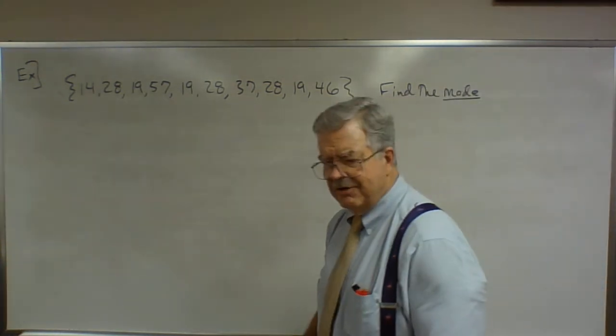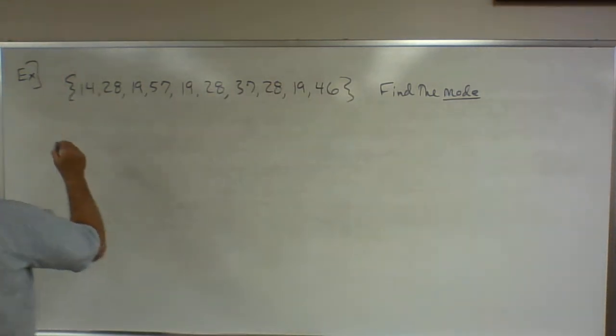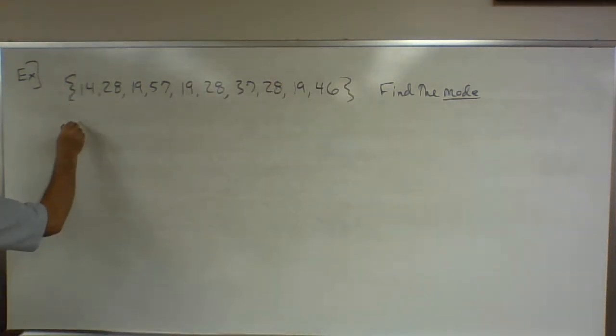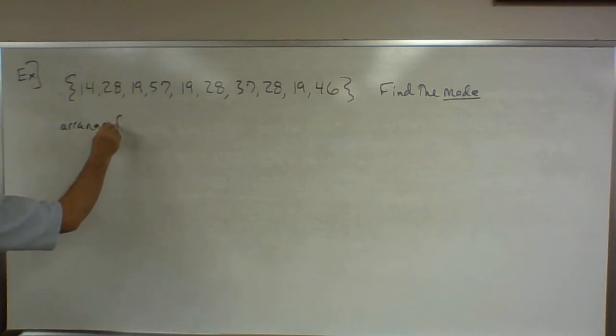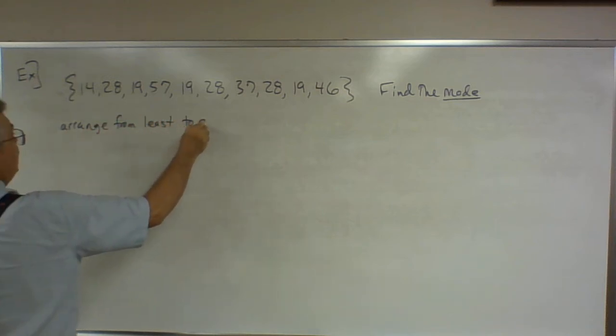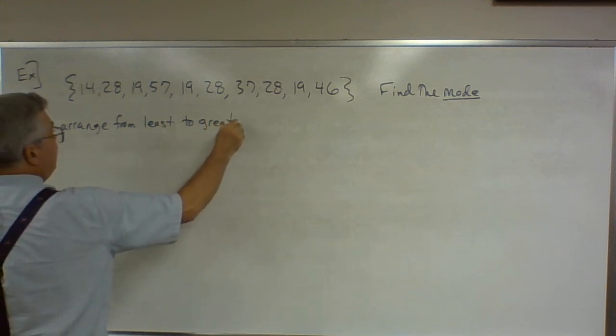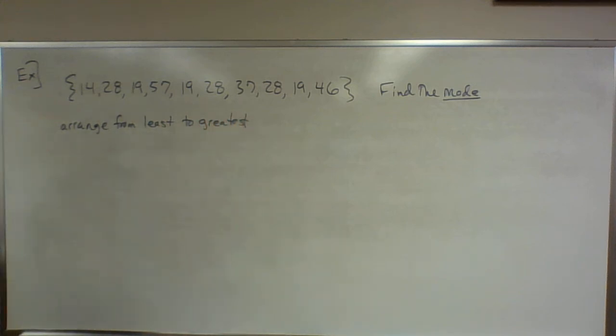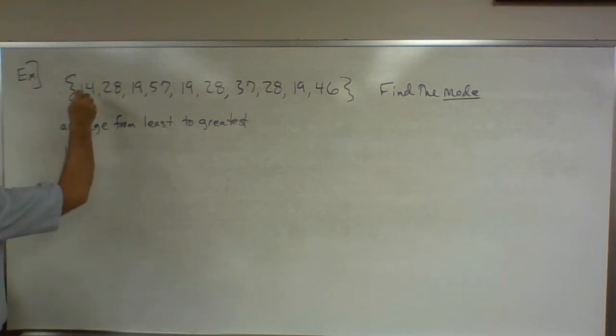So I'm going to arrange in order from least to greatest. And is there anything less than a 14 here? I don't think so. So I'll just mark that out.